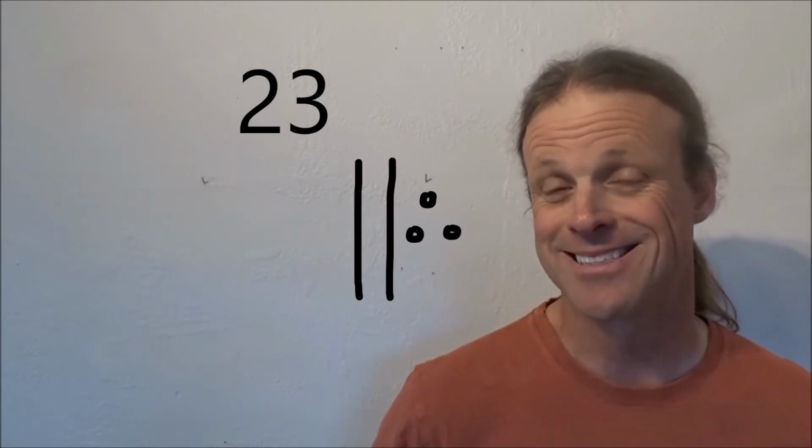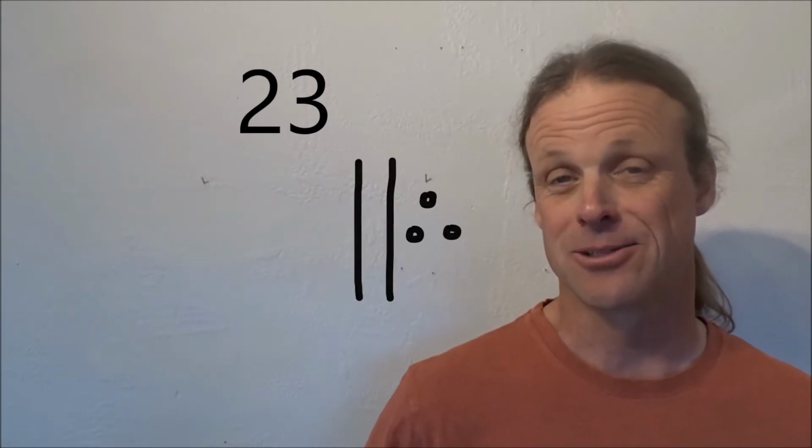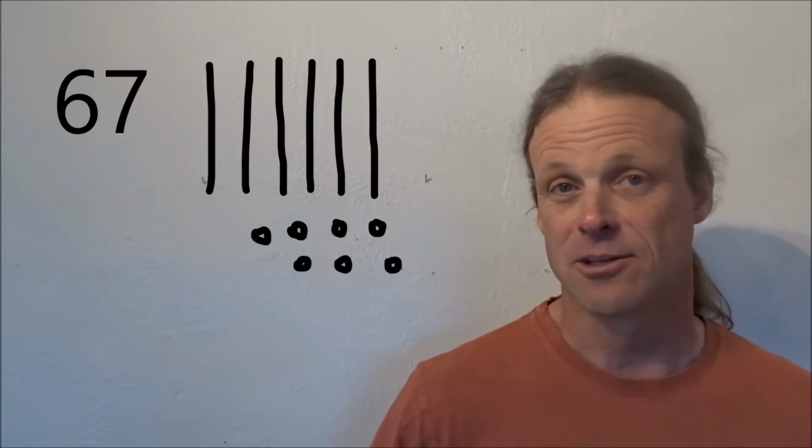So for 23, I would draw two straight lines for the two tens and three little circles for the three ones. For a number like 67, I'd draw 6 lines to make the 6 tens and 7 little circles to be the 7 ones.